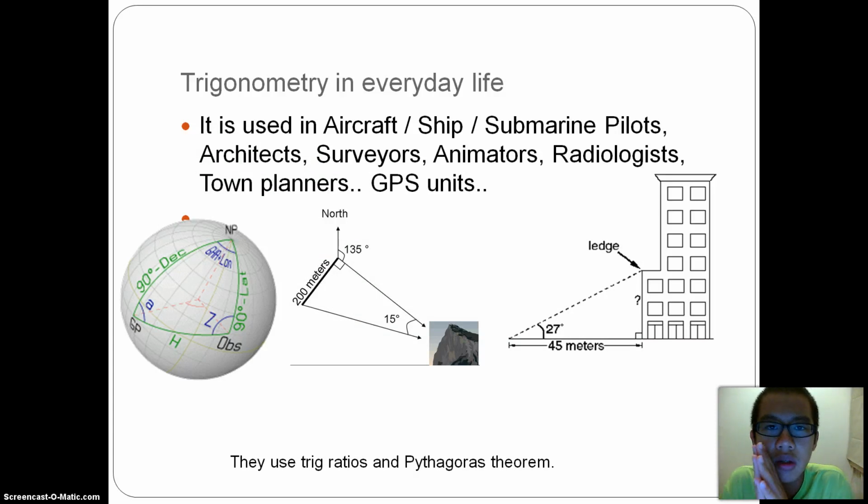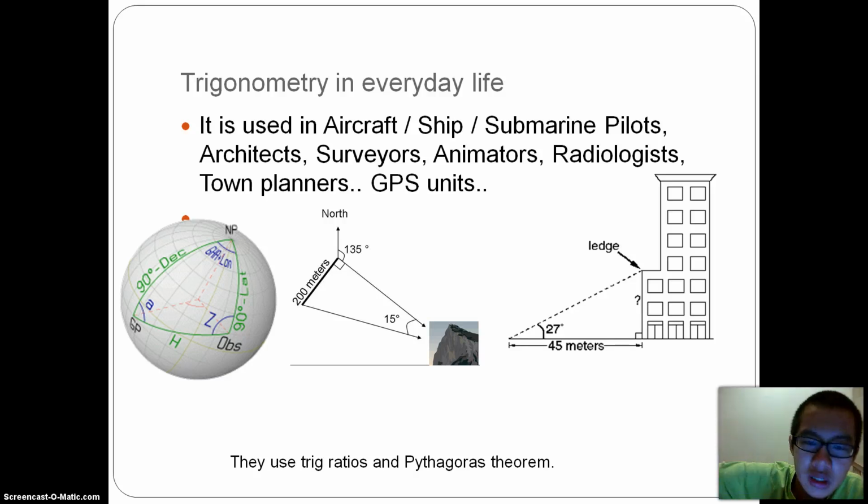Okay, in everyday life, we use it. It has been used in different jobs like aircraft and GPS, especially to locate, for example, your favorite food stall or your favorite shopping area, or if you want to locate someone. So this is very important in GPS. Also, architects need to use trigonometry.